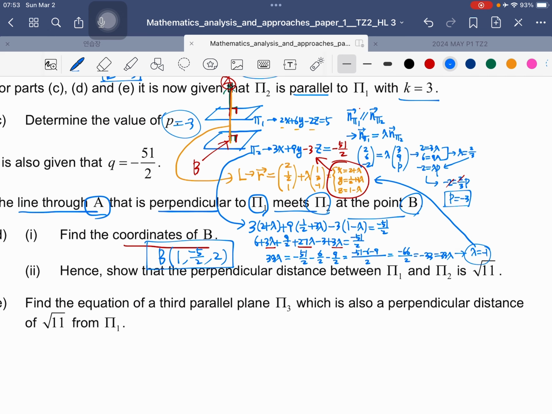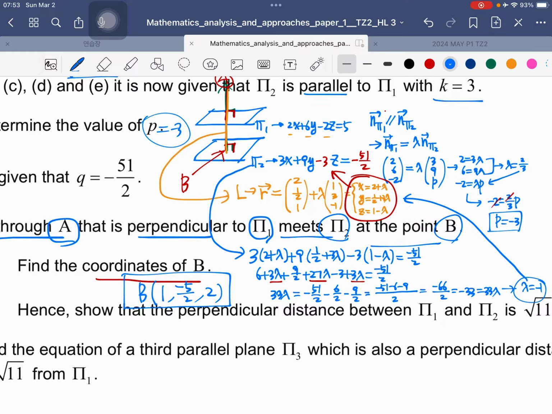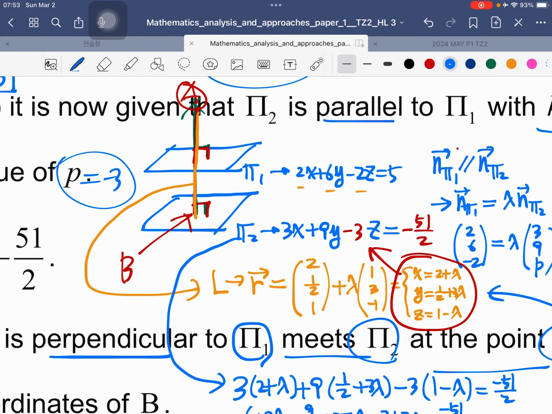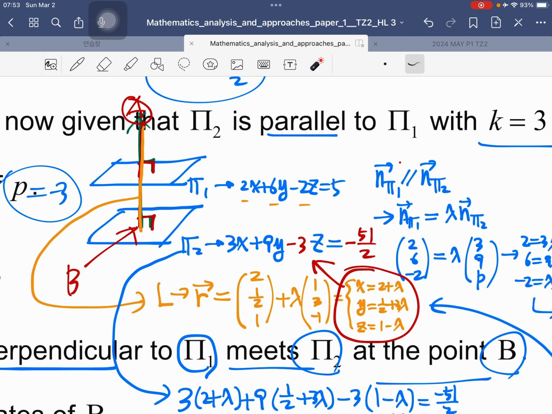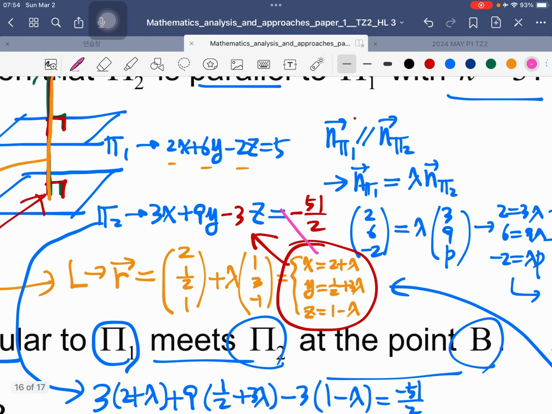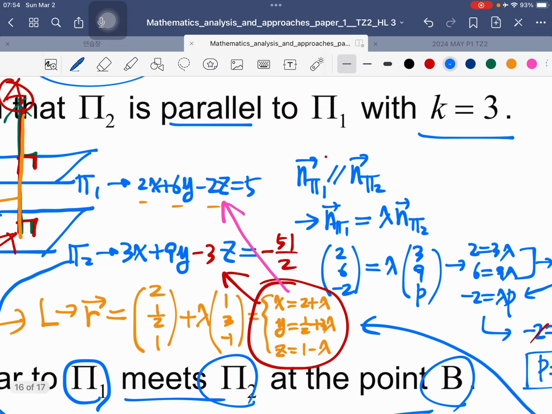We already know the coordinate of B. If you know the intersection point between the line equation and this plane equation, we can calculate the distance between these two planes. So what you need to do is the same thing: put this line equation into this plane equation to find the coordinates.